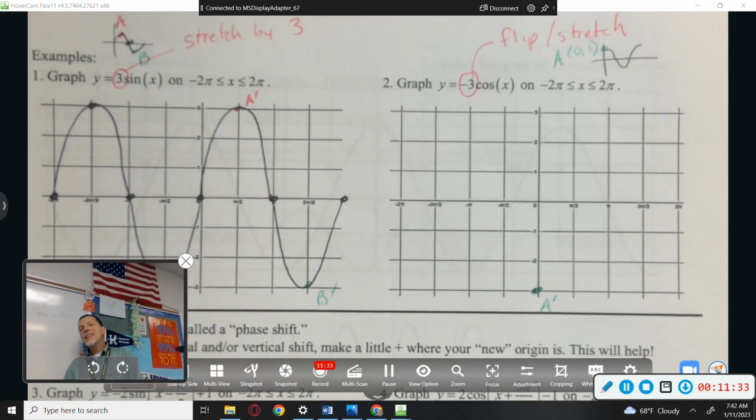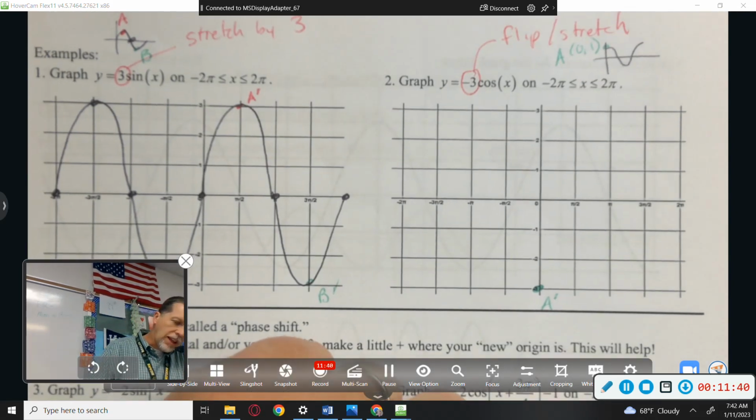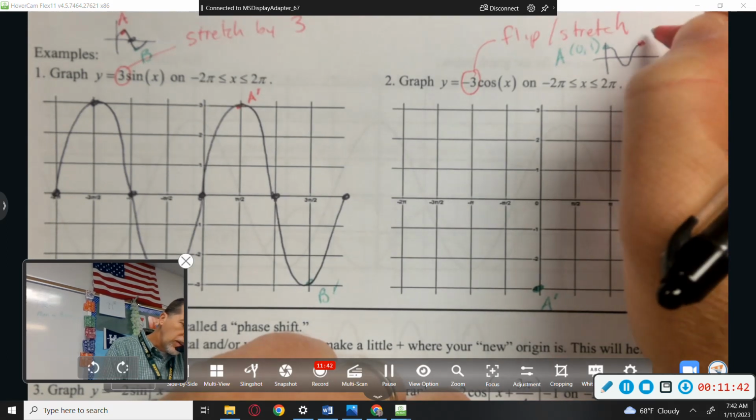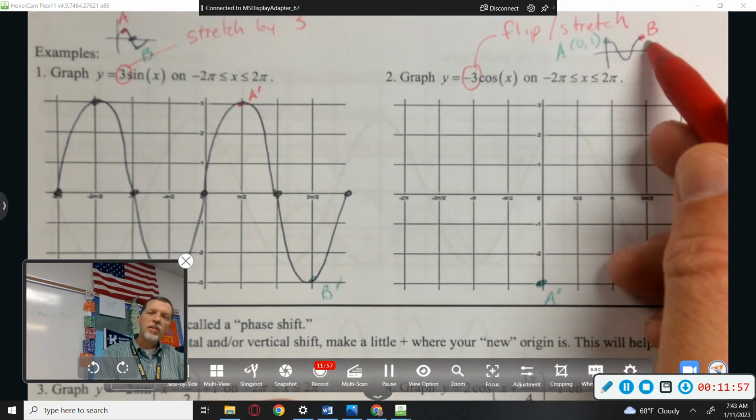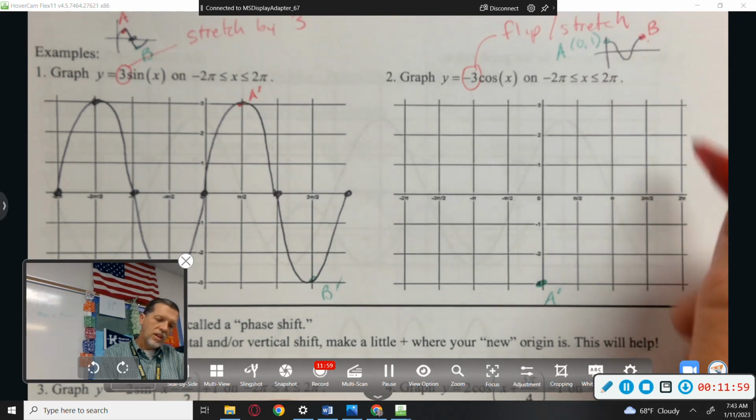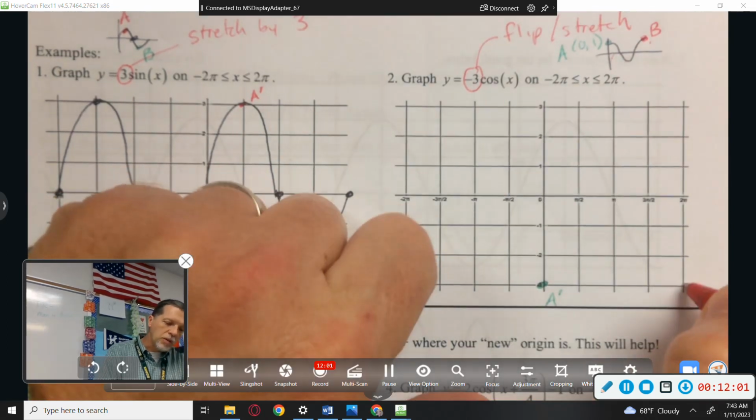And then I like to do the last point next to set the window, the period. So the last point would be that point, point B. Where's that point going to go after I flip it and stretch it? This point, if I flip it, it's going to be the same as A, so it moves down here.